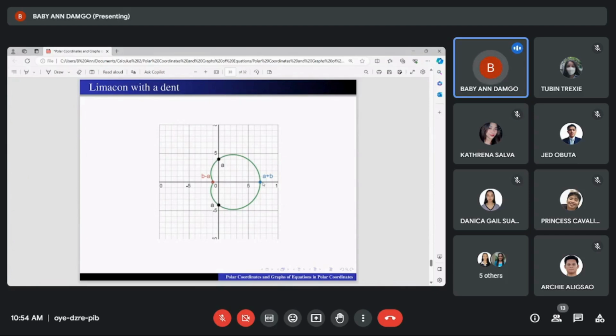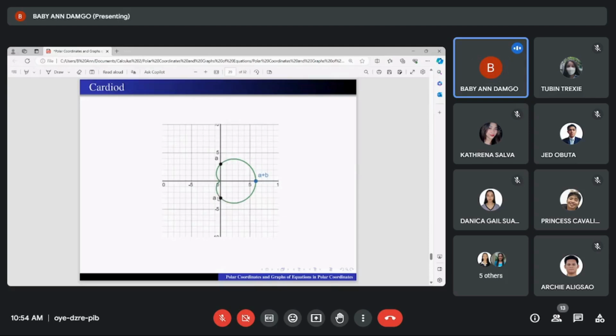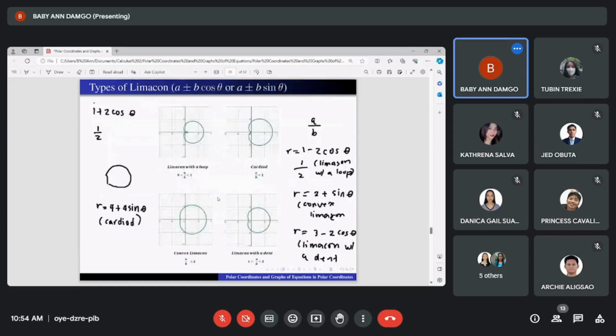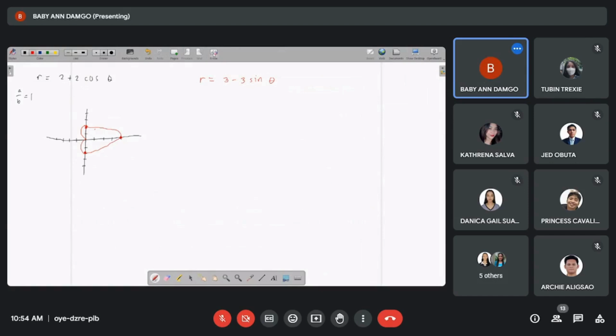So here, same idea ra gyud nga we have A plus B, and then this is the A. Unsa ganitong limason with a dent? A over B is between 1 and 2.